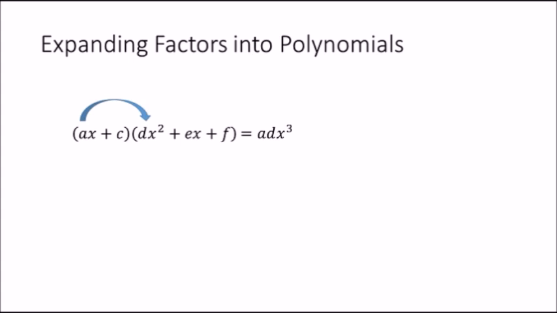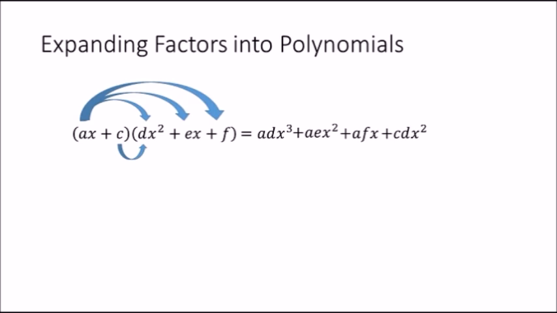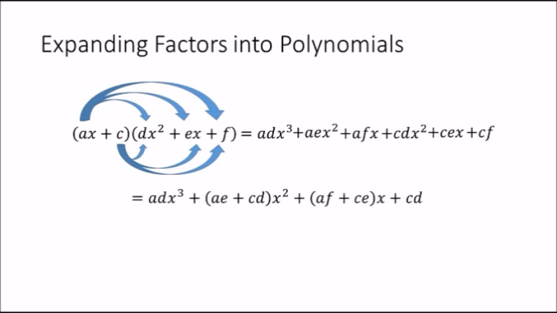So here we take ax times dx squared, we take ax times ex, and we take ax times f. And then we take, for the second term in the first parentheses, c dx squared, cex, and cf. We then simplify, we combine the x squared terms and we combine the x terms so that we get it in that familiar polynomial form.